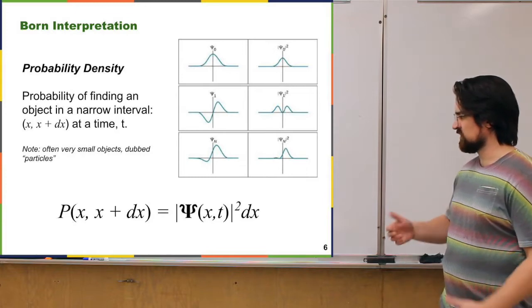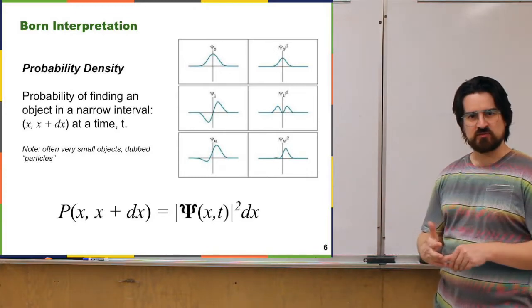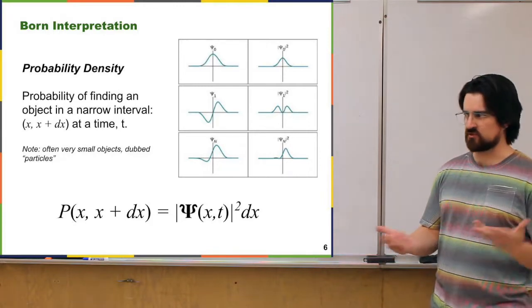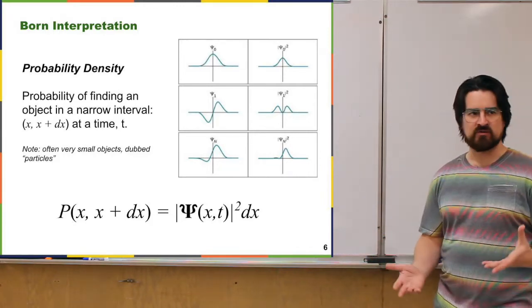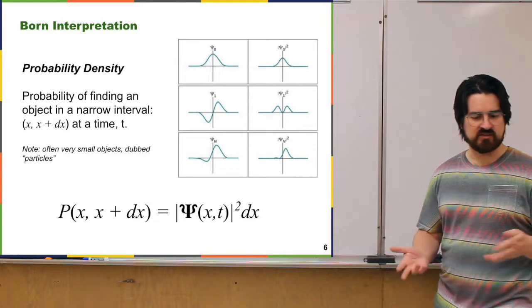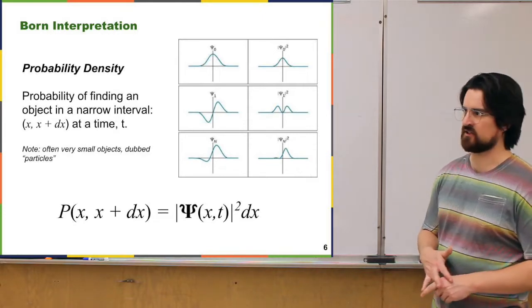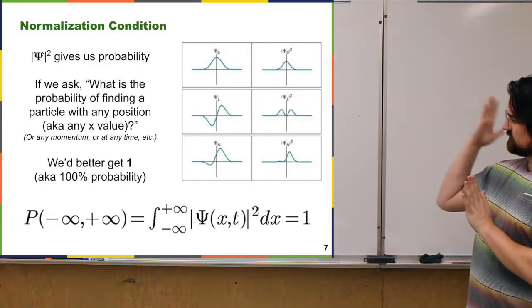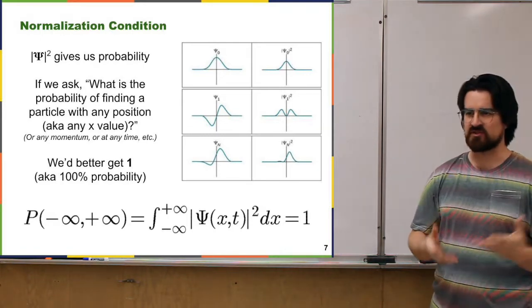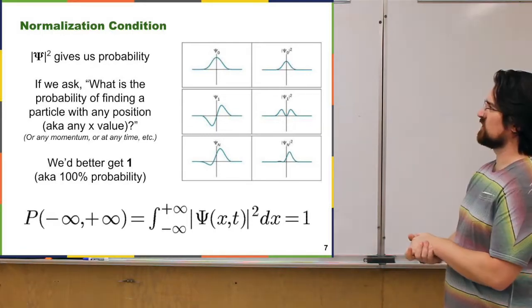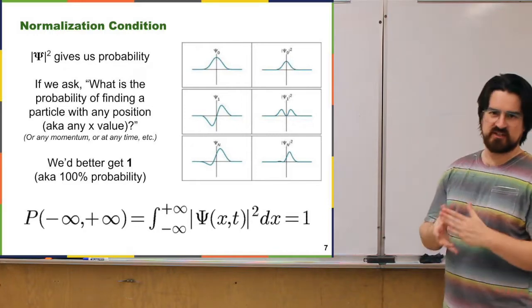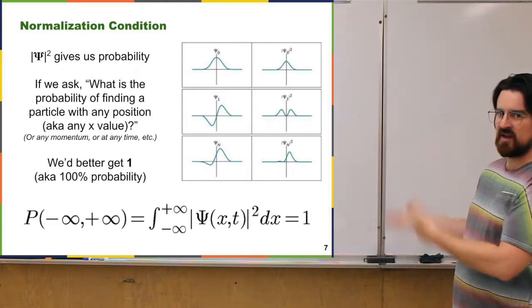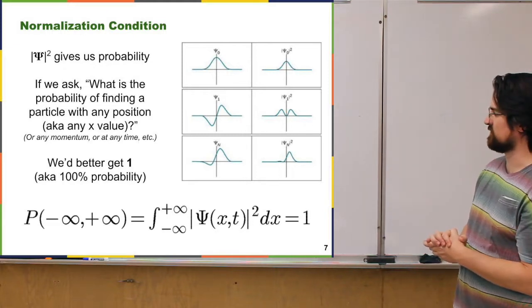And since we're doing the square of the magnitude of this wave function, we're assured that our probabilities are going to be positive, which is great, because I'm not sure what a negative probability is, but it's not something math is going to like in general. So, square the magnitude of psi, or oftentimes you just say wave function squared, the square of the wave function, all different ways to say that you're doing the square of the magnitude of the wave function.